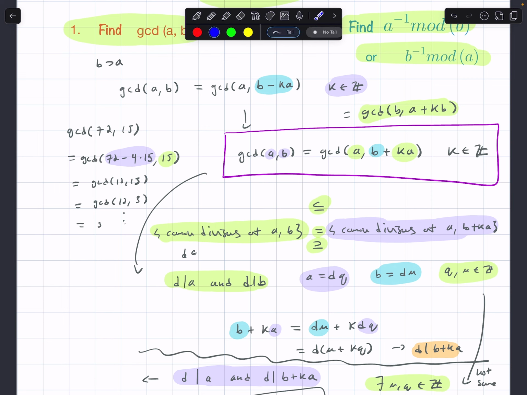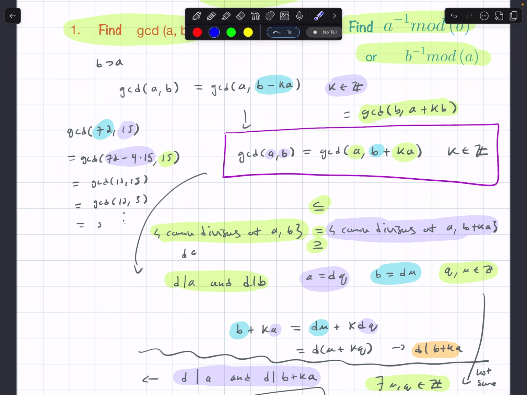The GCD will always be the same. And that's why we can do stuff like this, where we take two numbers and we're trying to get the positive GCD. Because if you weren't trying to keep them positive, you could wind up with a negative number. Then you just multiply it by negative one to get your positive GCD, because the definition strictly is that it's supposed to be positive.